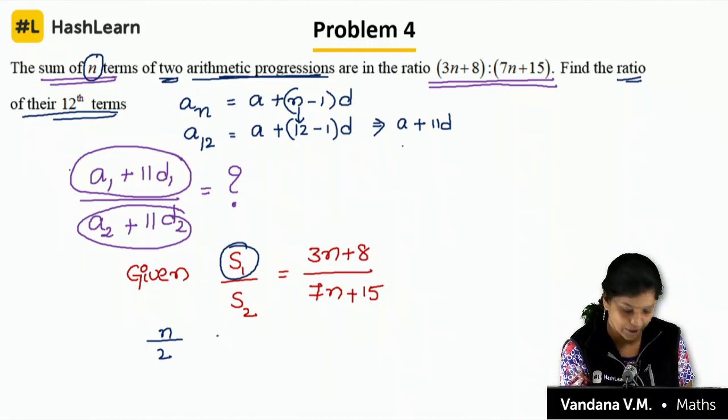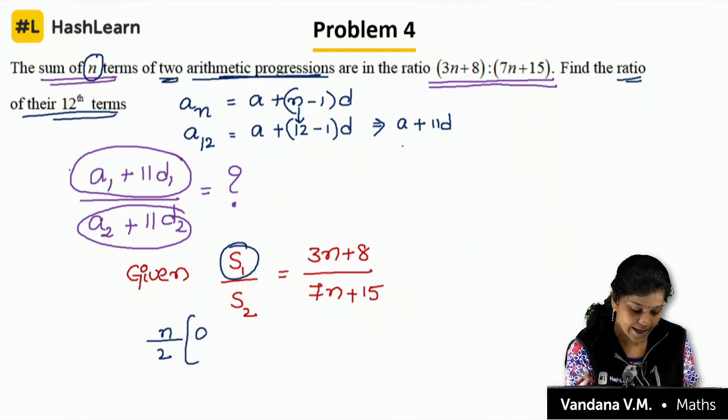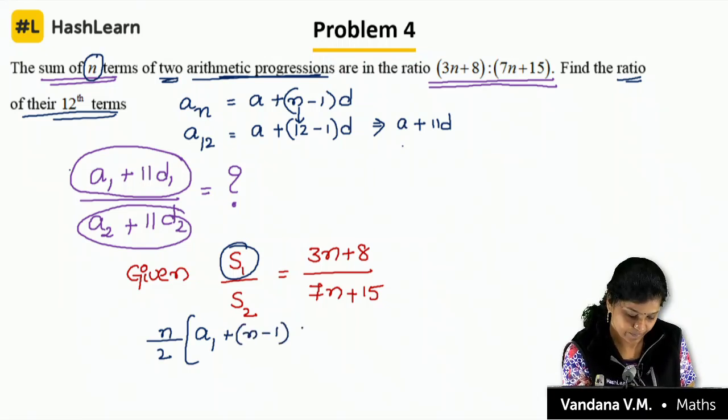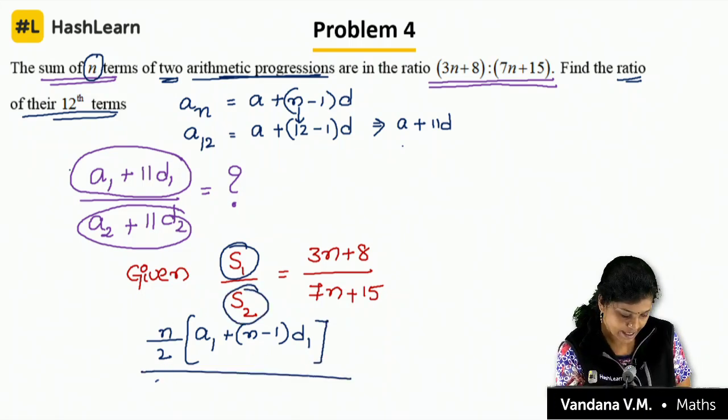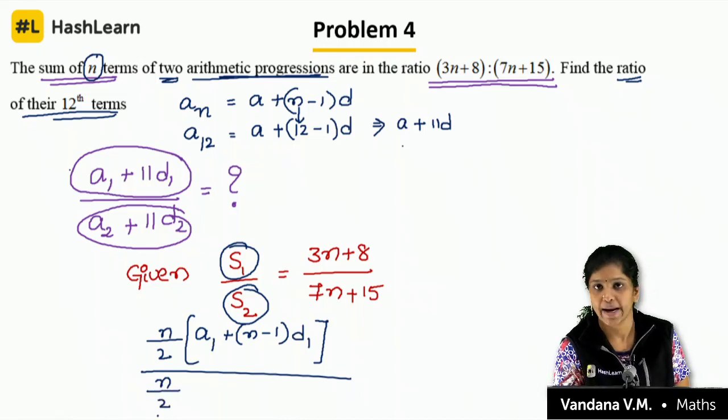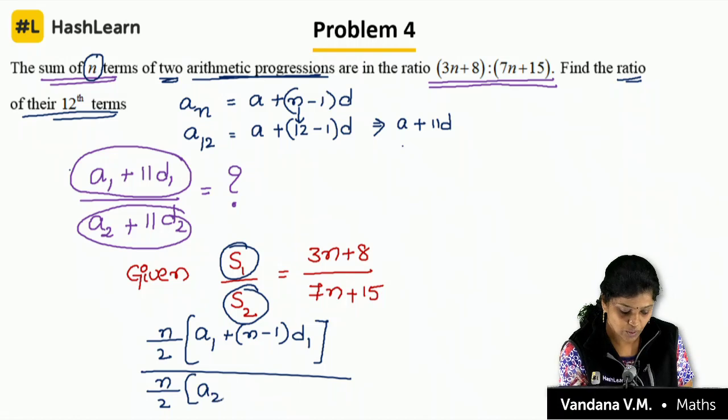So n by 2 into 2a1 plus n minus 1 into d1, divided by, what is the formula for S2? n by 2 only, because only n terms are there in the second sequence also, 2a2 plus n minus 1 into d2.